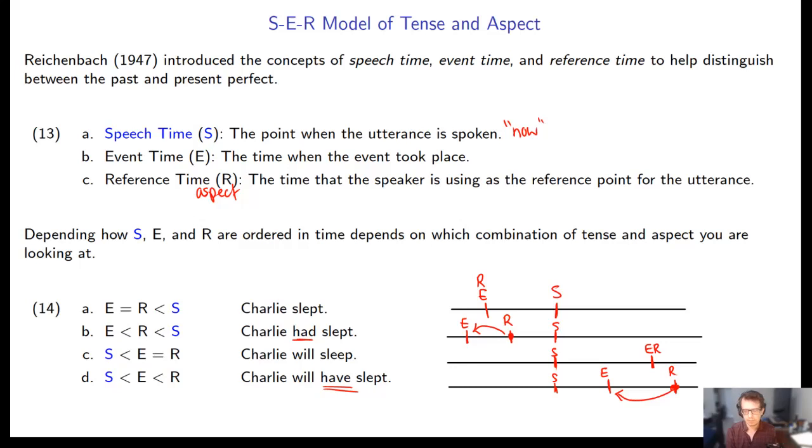But again, we just don't have time to get into events, so that's something you would do in a graduate semantics course. So this leads into what is called event semantics.